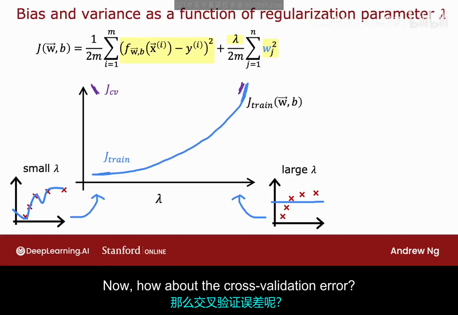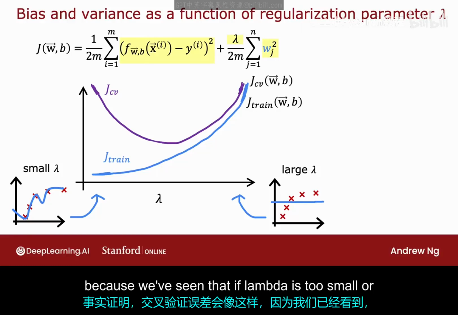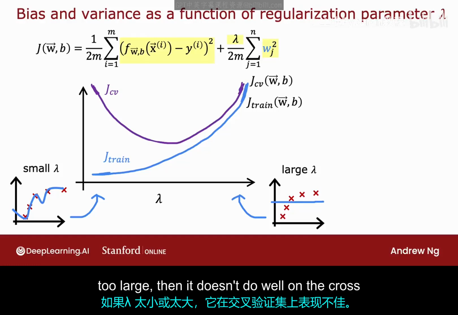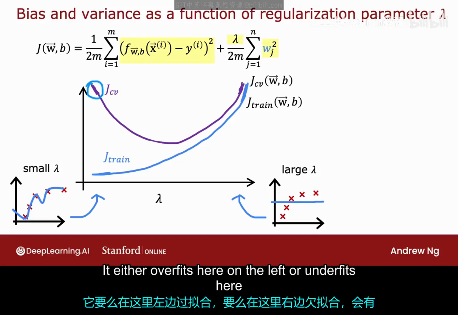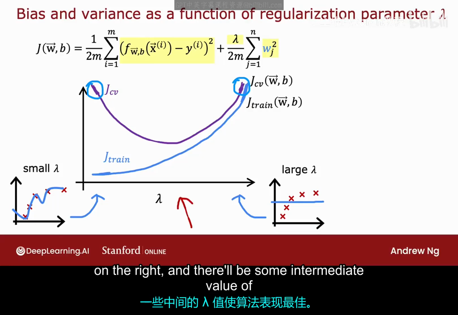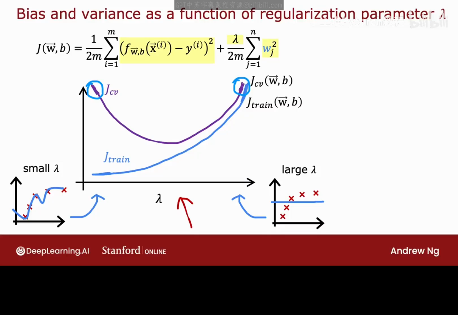Now, how about the cross-validation error? Turns out the cross-validation error will look like this. Because we've seen that if lambda is too small or too large, then it doesn't do well on the cross-validation set. It either overfits here on the left or underfits here on the right. And there'll be some intermediate value of lambda that causes the algorithm to perform best.